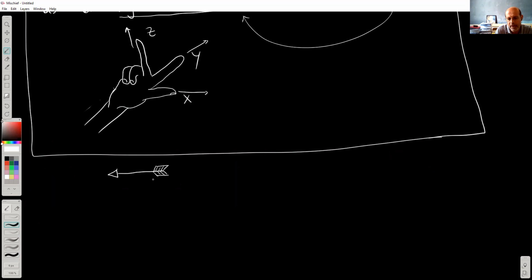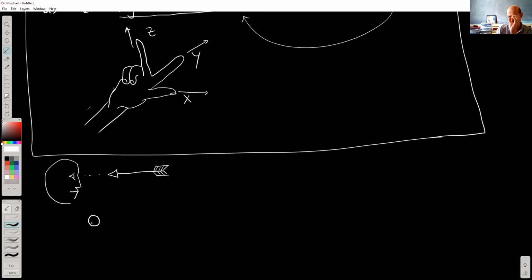That means if you are looking at that arrow from this point, let's say this is you, then you're basically seeing an arrow which is coming towards you. You're not going to see the whole arrow.